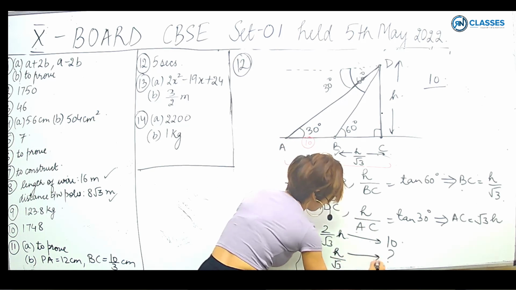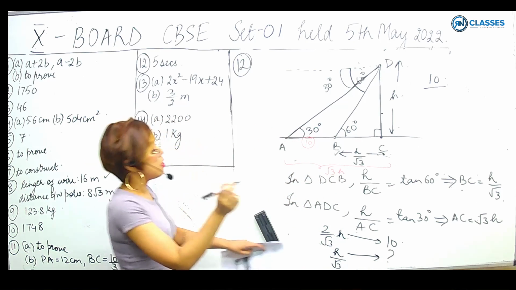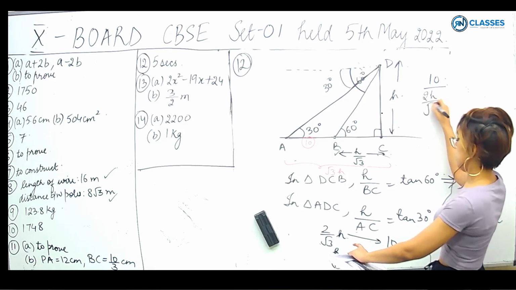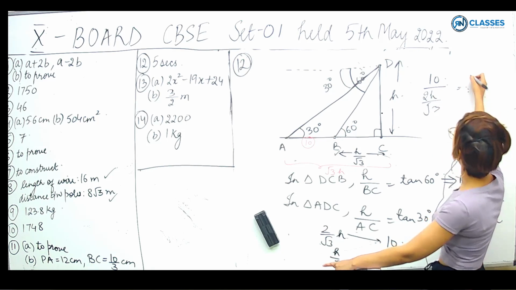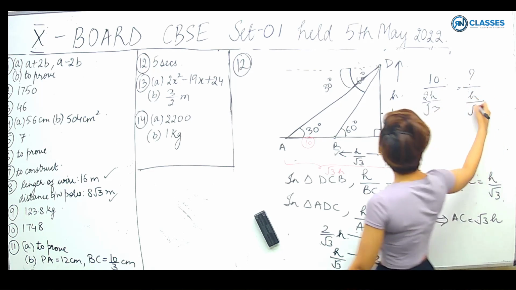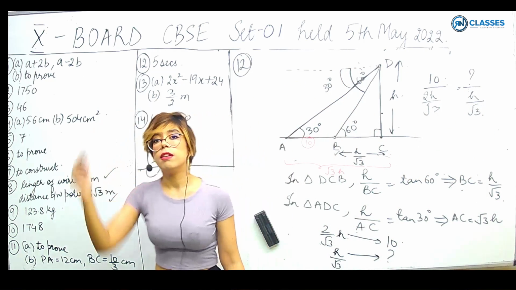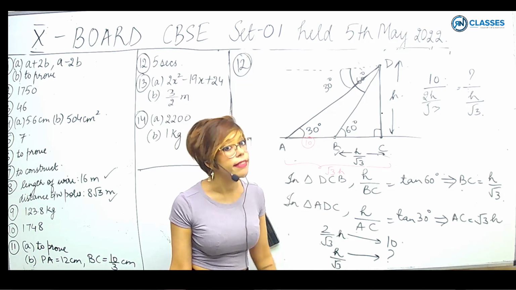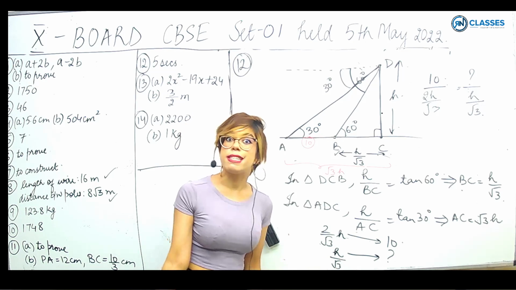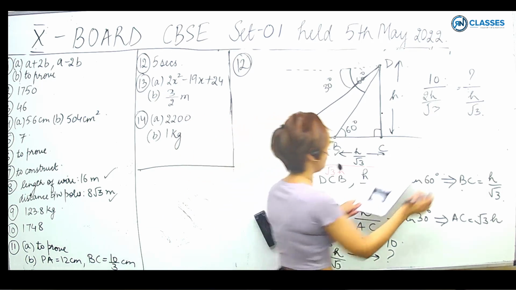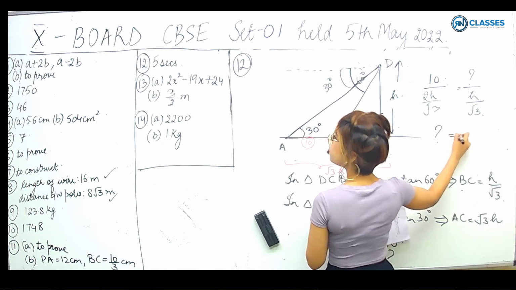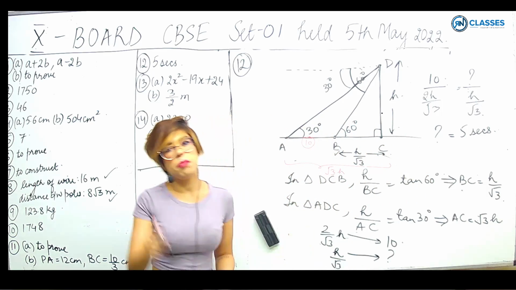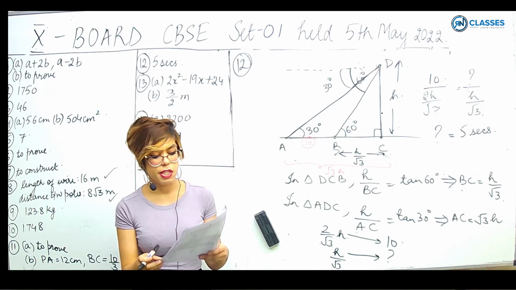I need to find out how much h by root 3 takes. So this turns out to be 10 by 2h by root 3 is equal to question mark by h by root 3. Direct proportion, obviously, because he's moving with a uniform speed, and we have done this method in class 8. And anyways, we have common sense, that too. So question mark here turns out to be equal to 5 seconds. You don't need to involve lots of variables. In just one variable, you can easily solve the question.